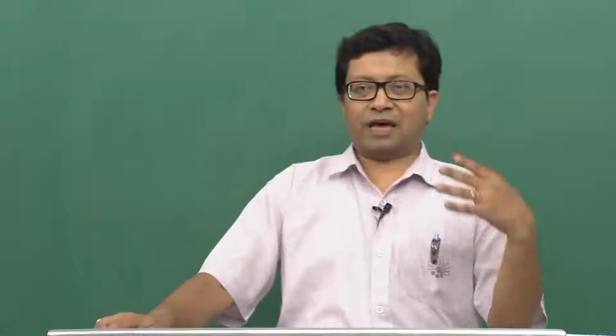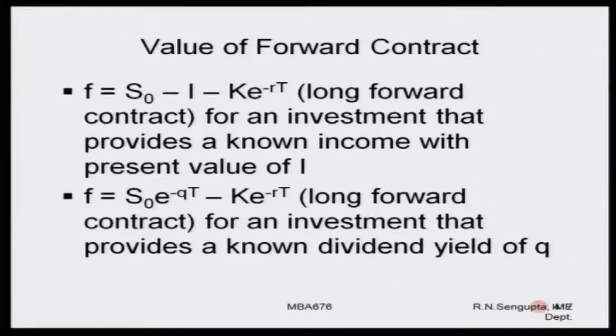So, the actual value I am getting for that contract is K e to the power minus RT, plus or minus depending on whether I am in a long or a short position, and the overall net value on the other side is the spot minus the intermittent payment which I am getting. If both of them balance, it means neither the long position nor the short position would be making any profit.